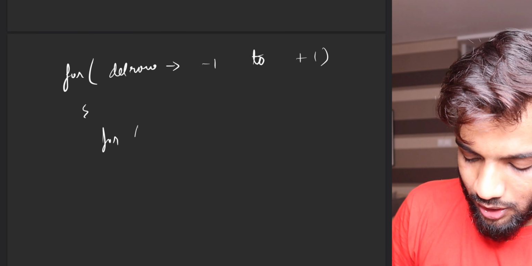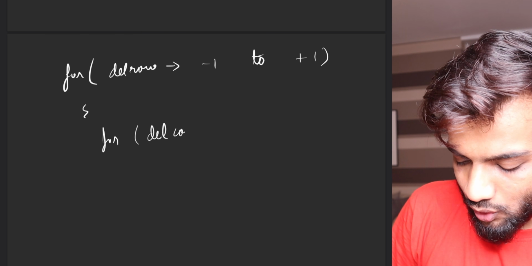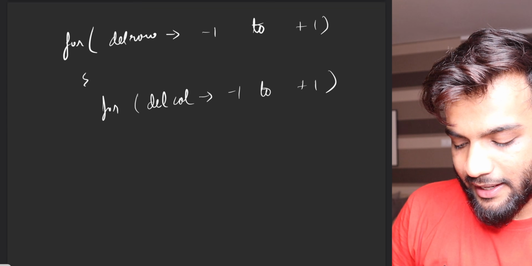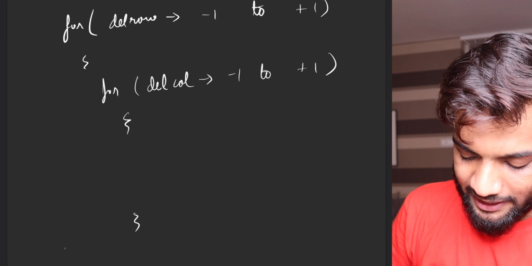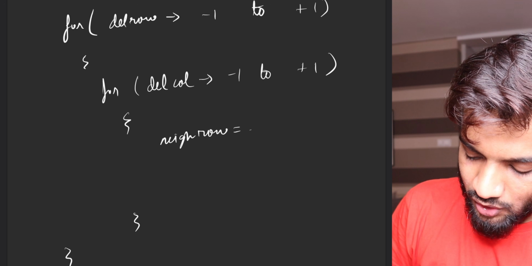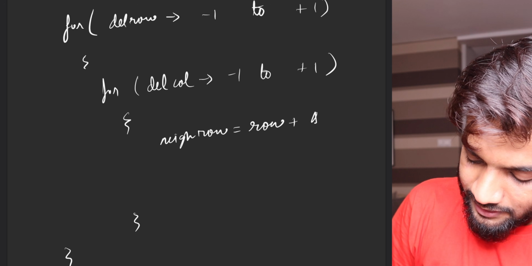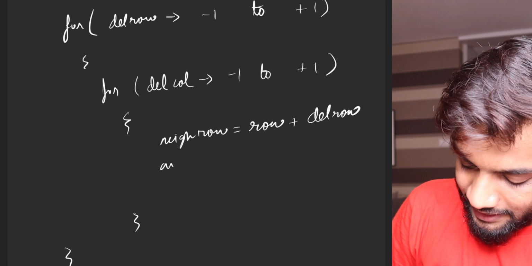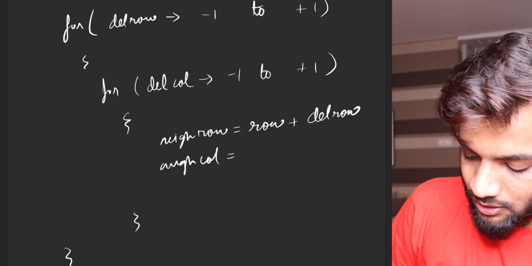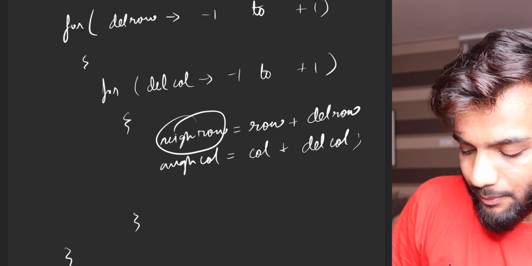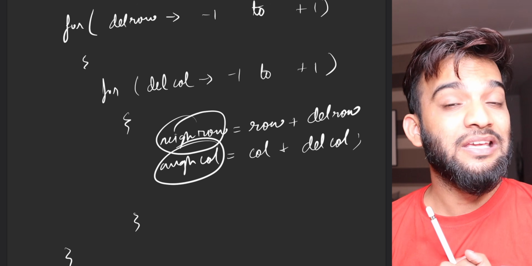And similarly, you can call delta column from minus 1 to plus 1. And for the neighbors, you can say the neighbor row is row plus delta row, and the neighbor column is column plus delta column. So this will give you the neighbor row and the neighbor column very, very easily.